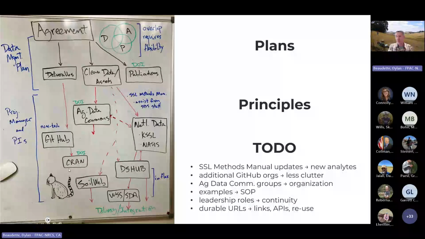There's other similar systems for Python modules, but these also can generate a DOI, so that there's this chain of provenance, this chain of citation that we can reference and really maintain a level of credibility through that citation that I don't think we've been able to take advantage of in the past. But also with our internal infrastructure that's in development, the DS Hub, soil data access, web soil survey, third-party cooperators like SoilWeb.